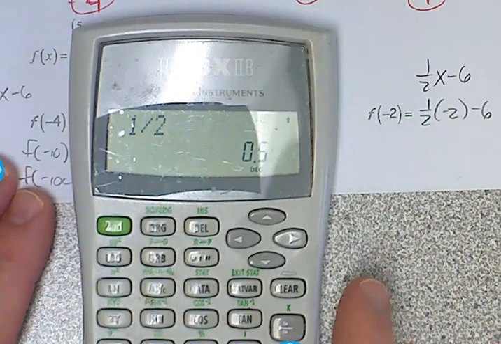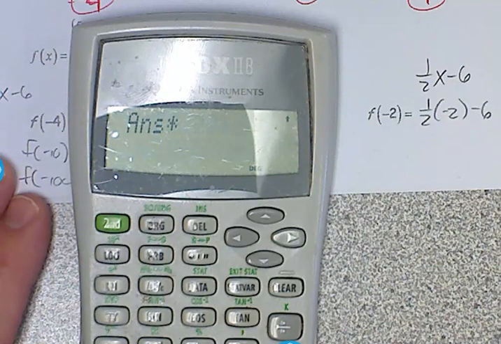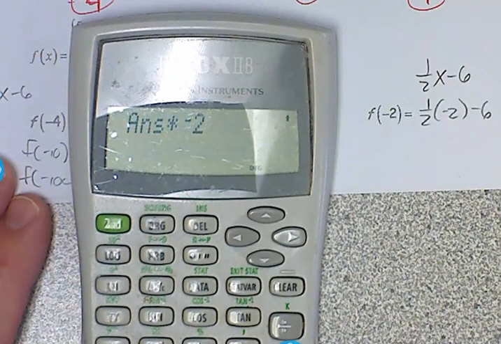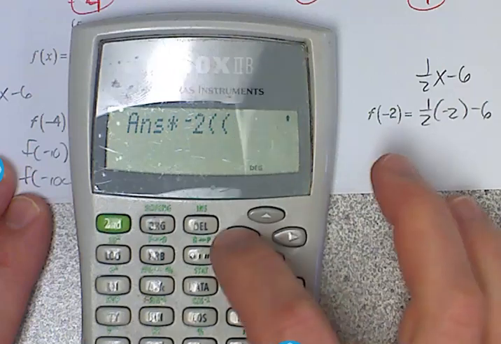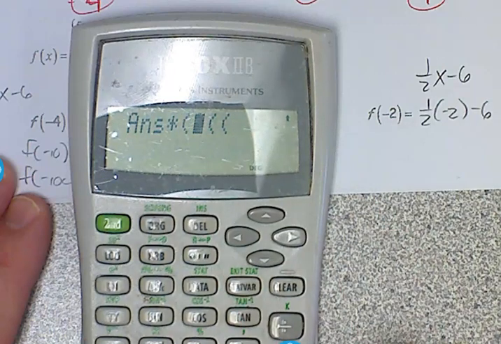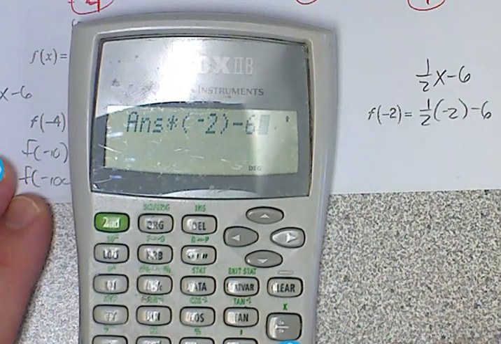Take the 1/2, make it into a decimal, and then you can do that times -2, and minus 6. So we get that to be a -7.